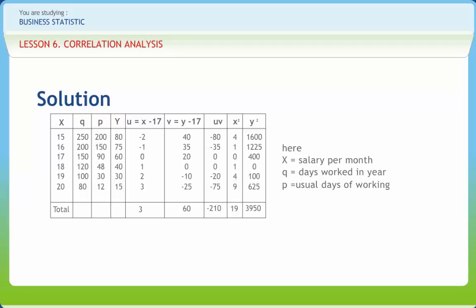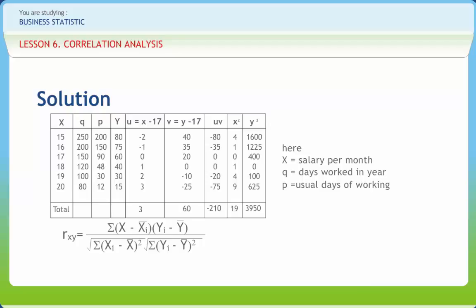The formula for correlation is Rxy equals sum of (xi minus x bar) and (yi minus y bar) divided by square root of sum of (xi minus x bar) to the power 2 and square root of sum of (yi minus y bar) to the power 2.